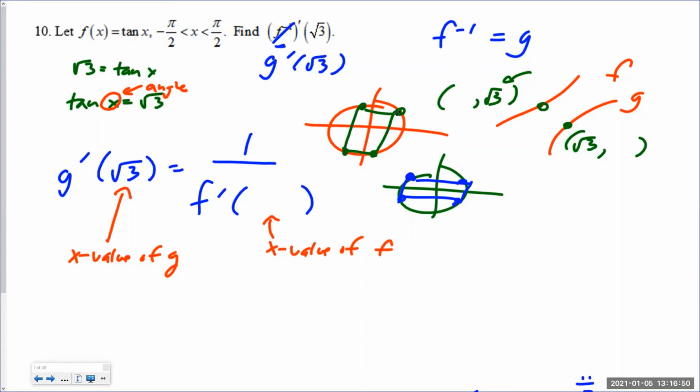So this is square root of 3. All these points are square root of 3. And I want positive square root of 3. So think about the quadrants. Which quadrants will give me a tangent value that's positive?